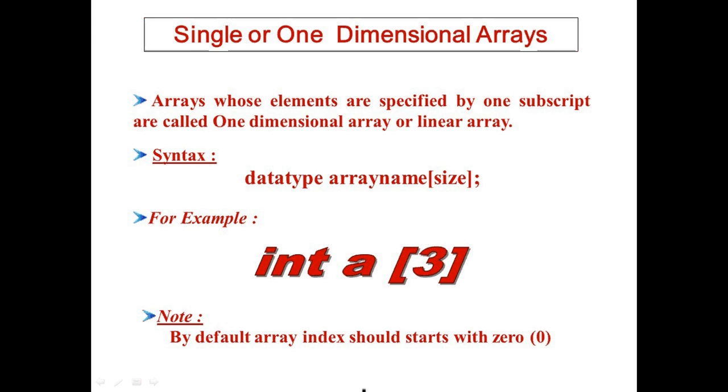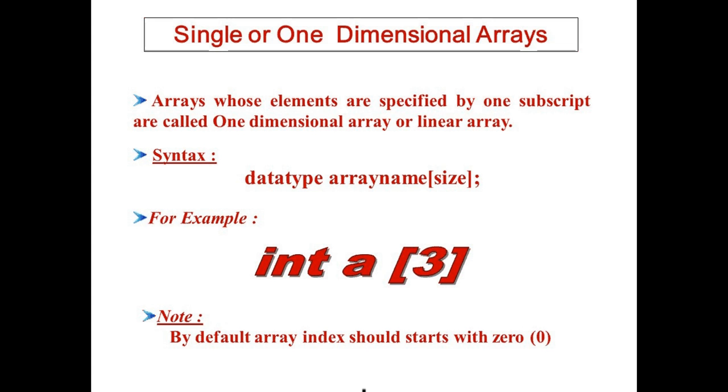You can see here the data type of array is integer, and this is array name A, and it is storing three values. The size of array is equal to 3, and it will start from 0 index and go to 1, 2. The elements will be stored at the index 0, 1 and 2.